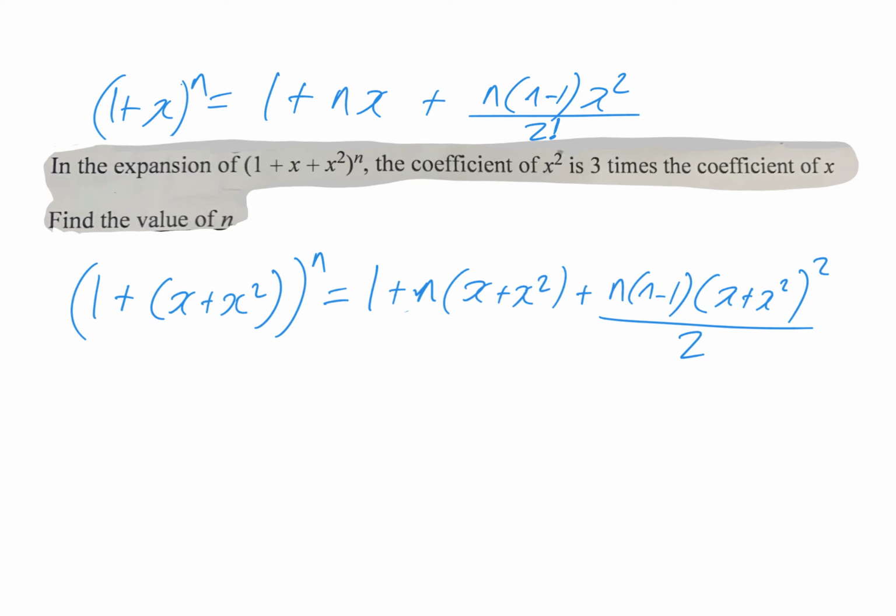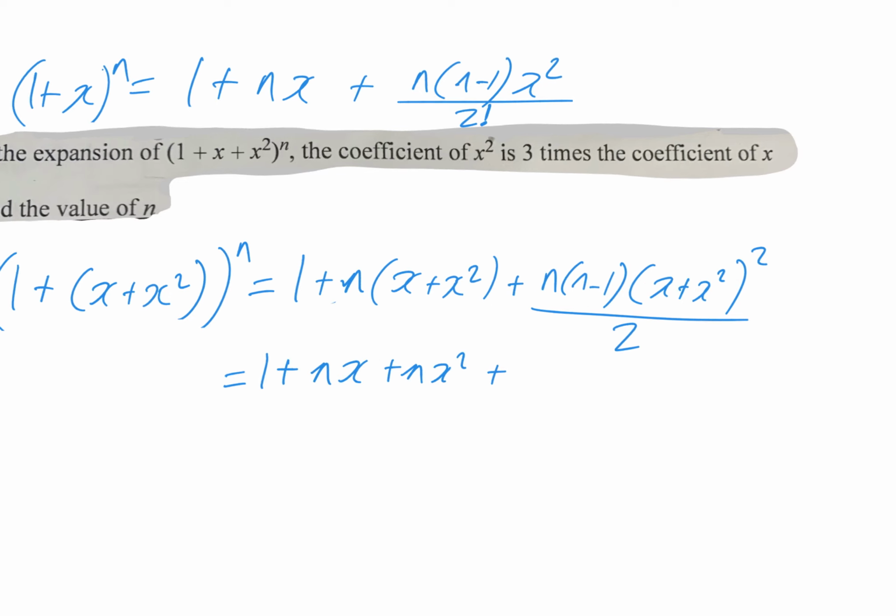Now, unfortunately, we've got to multiply this out, so it's a bit of a mess. 1 plus nx plus nx squared, and then this thing here, we've got to multiply it out.